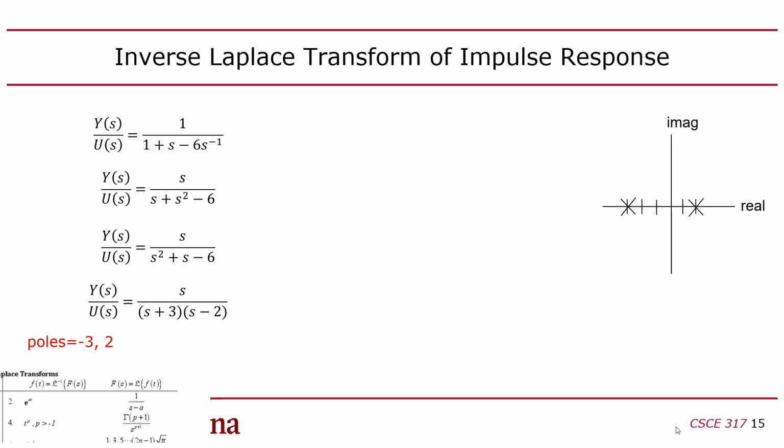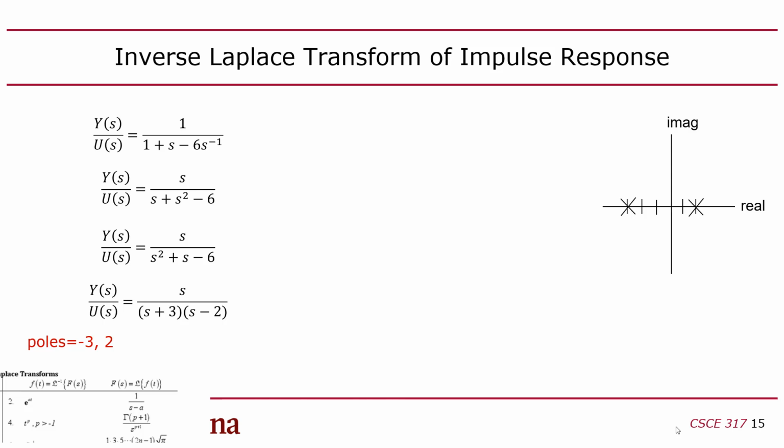As far as I know, the only way to do it really is to use a table. You basically have to use a table where you match equation forms to the corresponding time domain. I don't know of any way to do this without using a table, right?